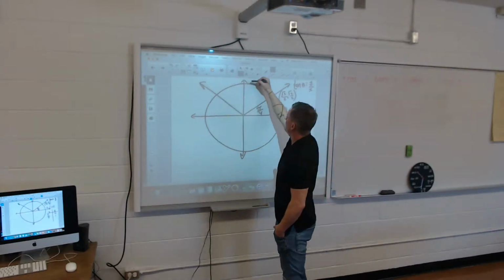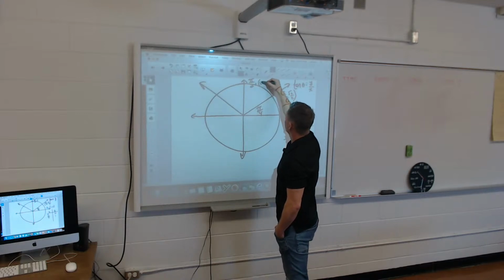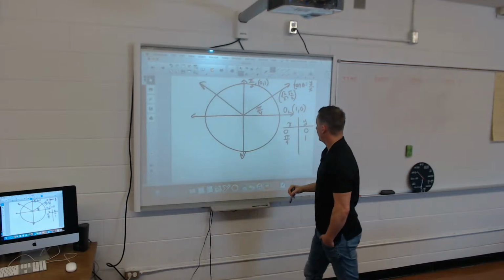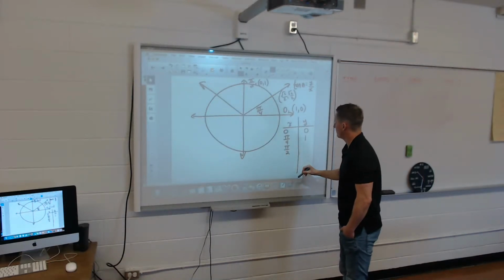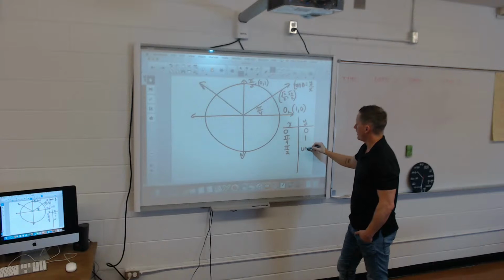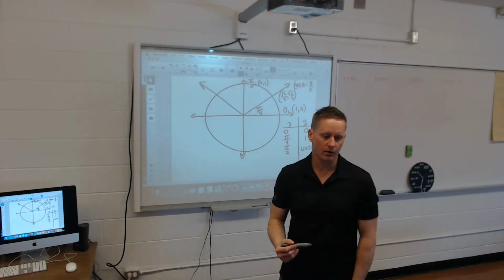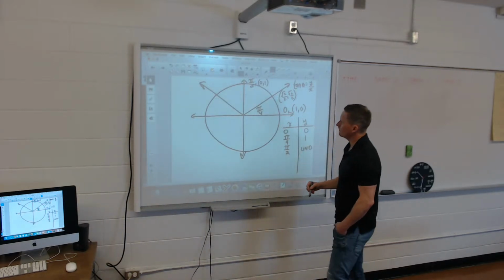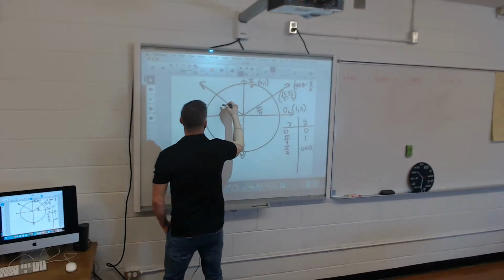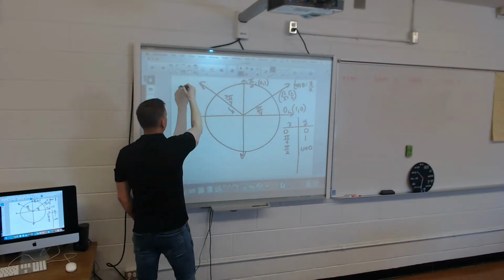Then I go up to here at pi over 2, which is 90 degrees. I've got 0 and 1. And this is where I get my first introduction to an undefined value. I have 1 over 0. Now we can't have 1 over 0 because 1 over 0 is an undefined value. So now I go over to here, which is 3 pi over 4. That's this angle right here.